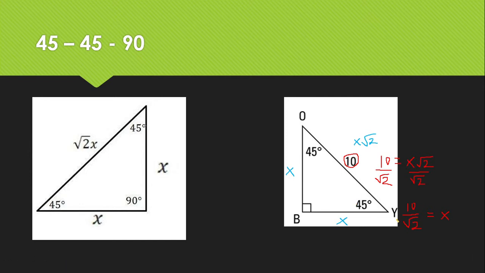So, if I multiply this by root 2 on the bottom and root 2 on the top, sorry, it's a little hard to see in yellow, we would end up with 10 root 2 over, and then square root of 2 times square root of 2 is just 2. So you might see your answer written like this. And that's going to be the length of both of those sides that are labeled x.